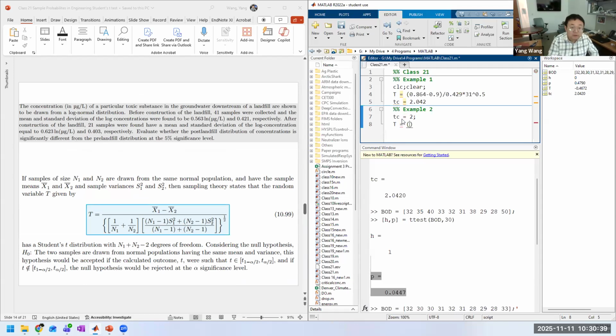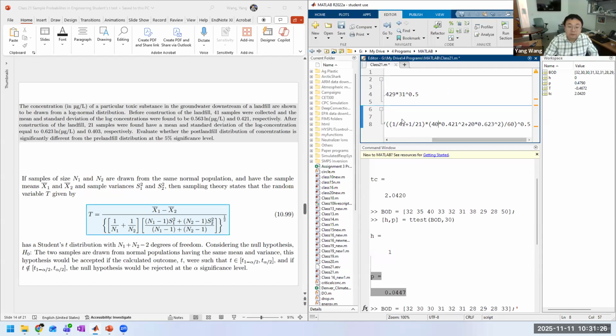Now we can calculate t. T is going to be 0.563 minus 0.623, divided by this whole term to the power of 0.5: 1 over 41 plus 1 over 21, multiplied by 40 times 0.021 plus 20 times 0.021, divided by 60.